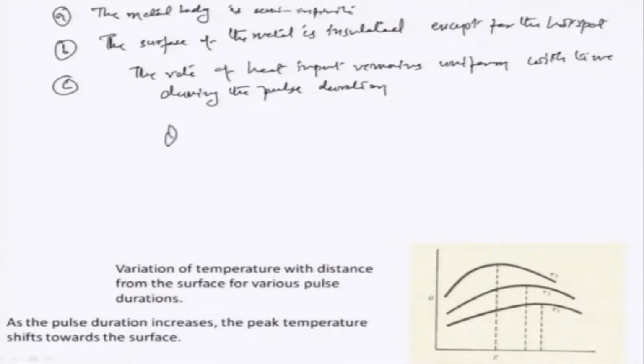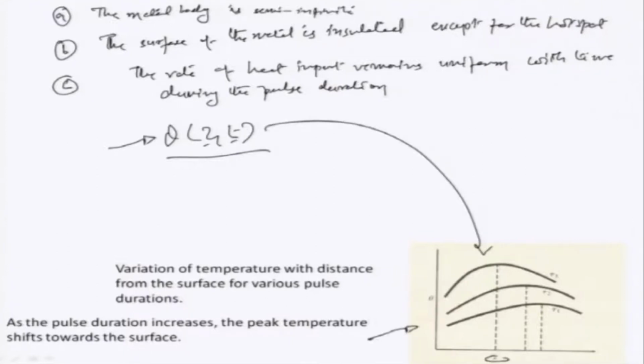And then if we plot the nature of theta (z, t), the temperature with respect to the depth from the surface z and the time t, we obtain the plot of theta as indicated here with respect to z.